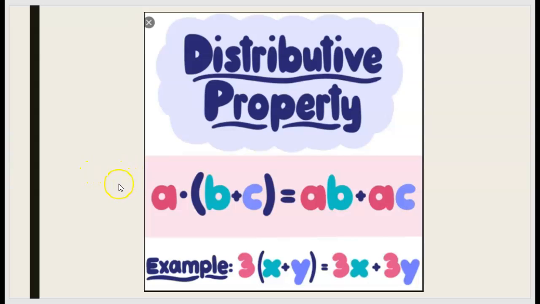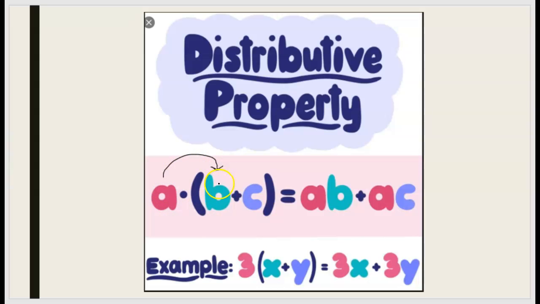The distributive property is going to be a huge part of the next 3 videos, this one and the 2 following this, okay? What it says is when you have a variable that is being multiplied by something in parentheses, as we have right here, what we're going to do is take that thing that's outside the parentheses and multiply it by everything on the inside of the parentheses.